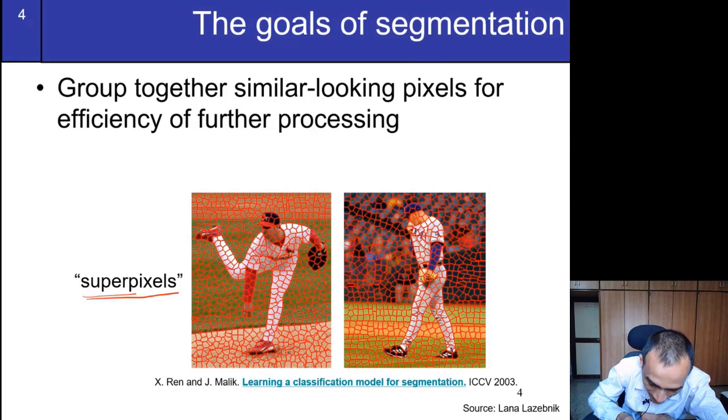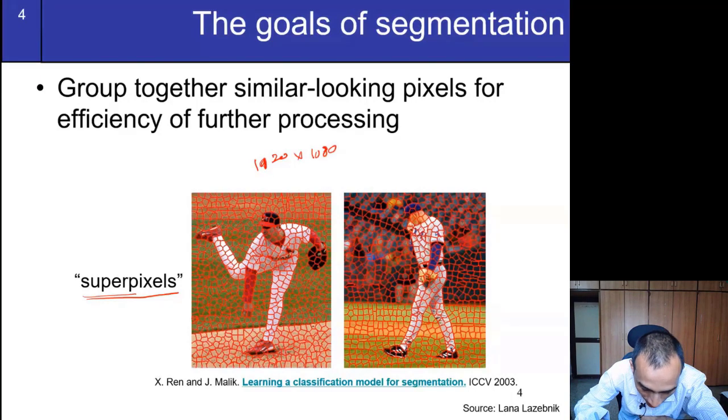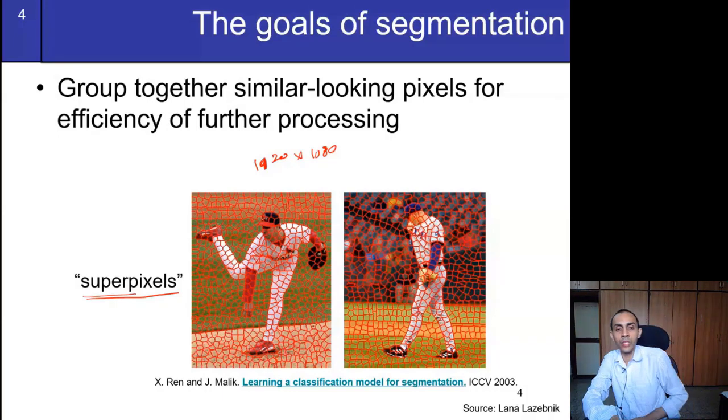So now the idea is, instead of having just raw pixels, where this image may be 1920 by 1080 or whatever size, and working at that fine level may not always be desired for the next level of processing. Going from this to a superpixel categorization can reduce the number of data points that your high-level algorithm needs to deal with.